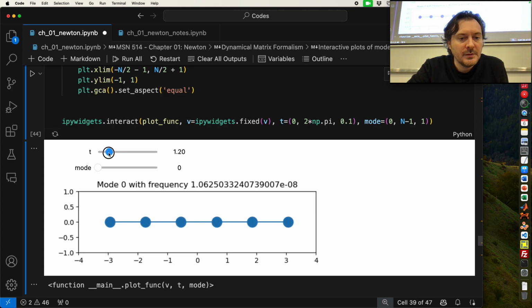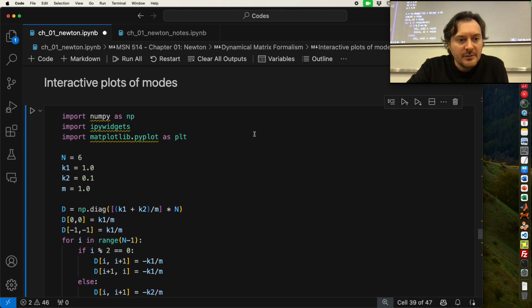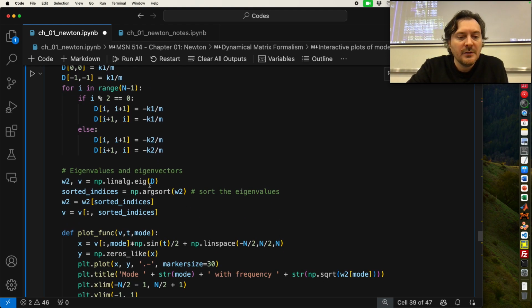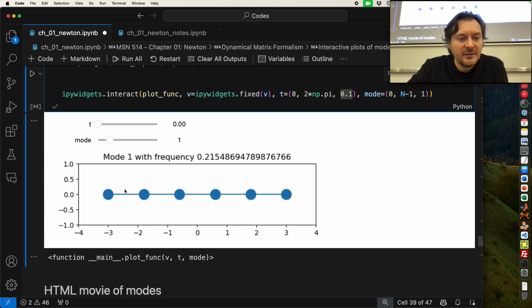Yes? When I go to mode 1, it's a bit higher. It's not 0, right? By the way, let me remind you that K1 is 1 and K2 is chosen to be 0.1. So what does it mean? It means that these springs are stiff, this one is stiff, this one is stiff, these two are soft.